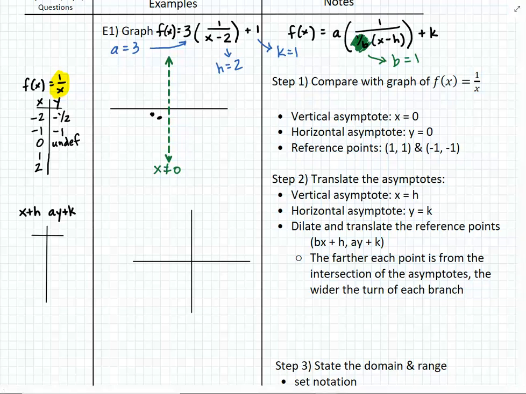X can't equal 0. When x equals 1, 1 over 1 is 1. Oh, look, we switched to the other side of that asymptote now, and things are going upwards. And when x equals 2, we've got a 1/2.